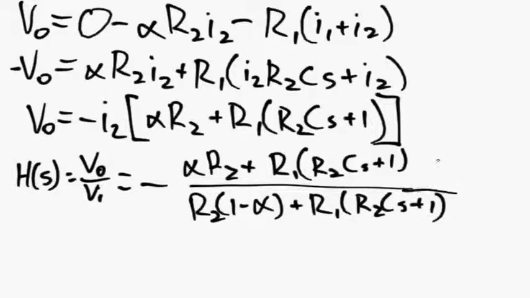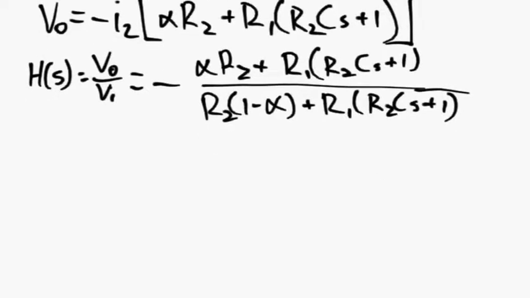So this actually is the transfer function, and you could certainly plug this into MATLAB and see what would happen. But let's simplify this down a bit further so that we can really get a feel for what we're looking at, because this is kind of large and messy.